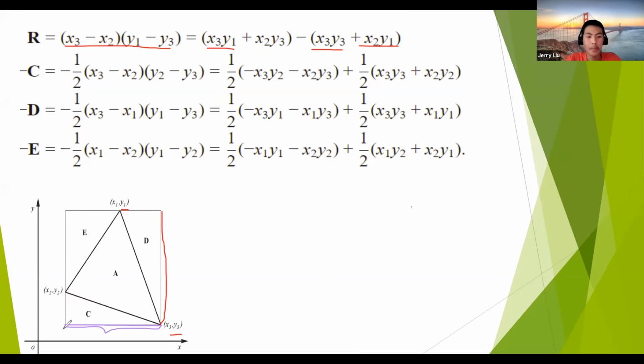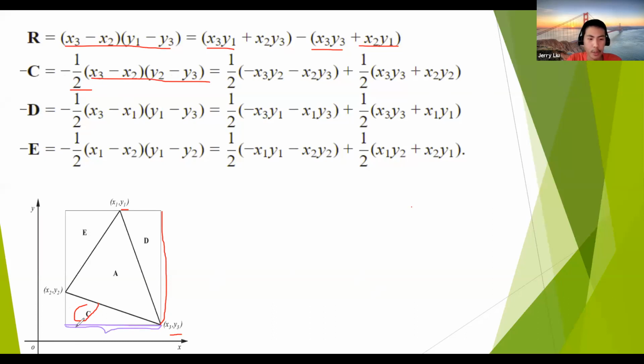We can do the same for the 3 right triangles as well. So for negative C, this is just adding the negative value of the area of C. This is essentially the same thing as taking out the area of C. We would have 1/2, because it's the area of a triangle, times x3 minus x2 times y2 minus y3.